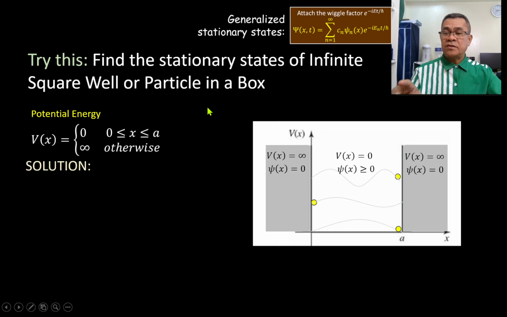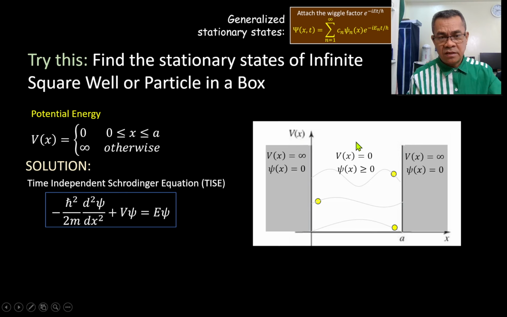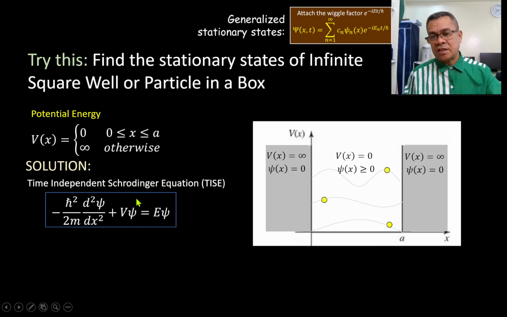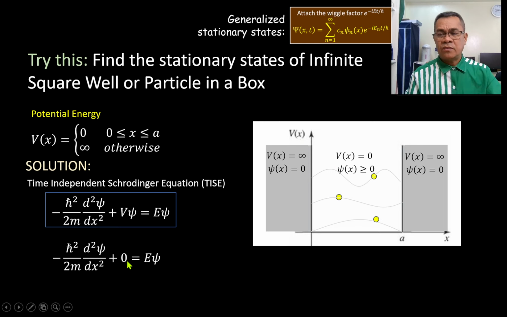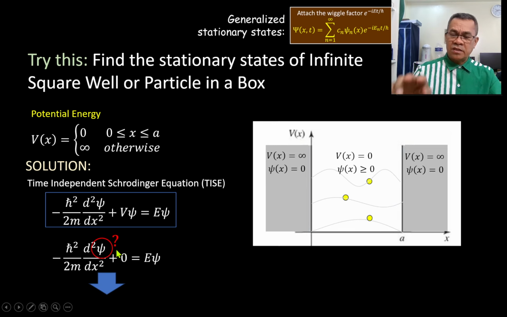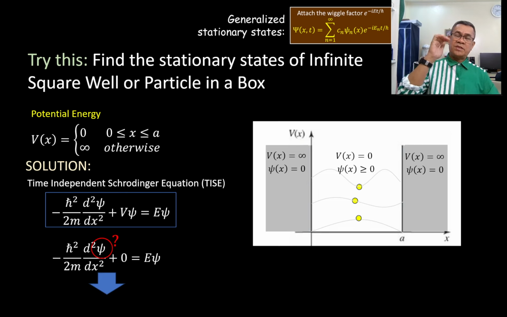So therefore, the starting point now is this generic problem. Then we identify the potential energy, and that potential energy will be substituted in here. Once substituted, we can now solve for the psi. Take note that the result of this is a series of psi: psi 1, psi 2, psi 3.